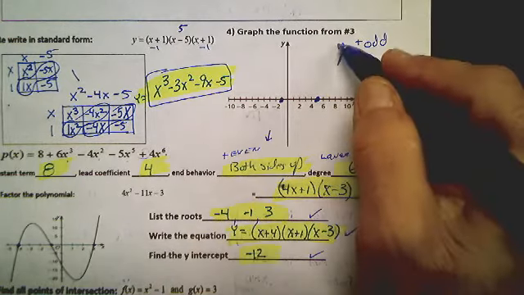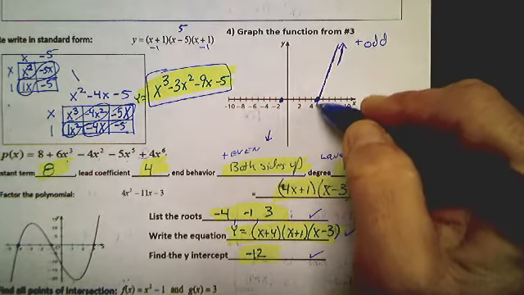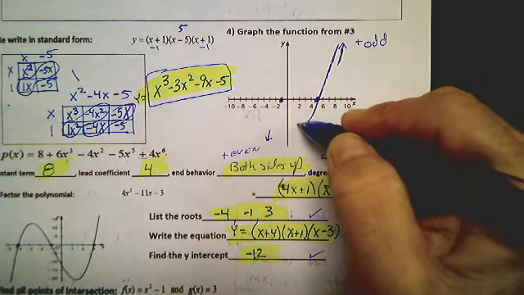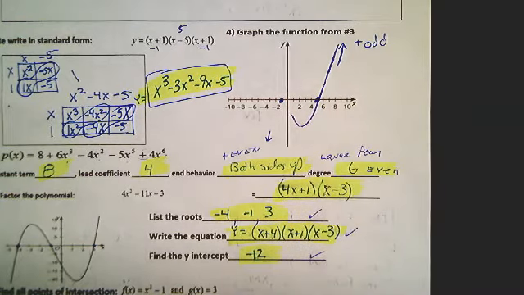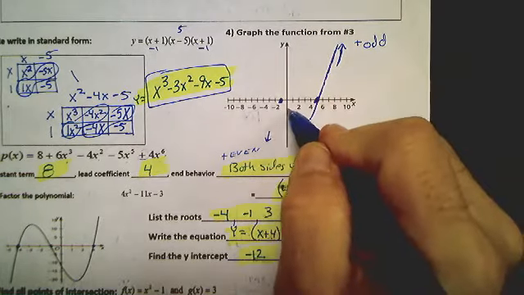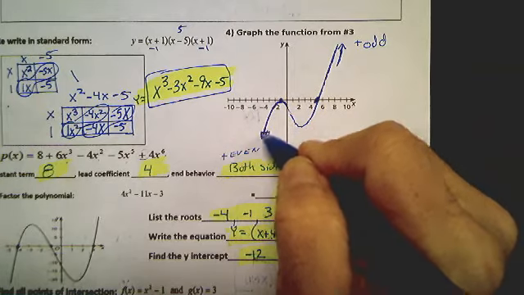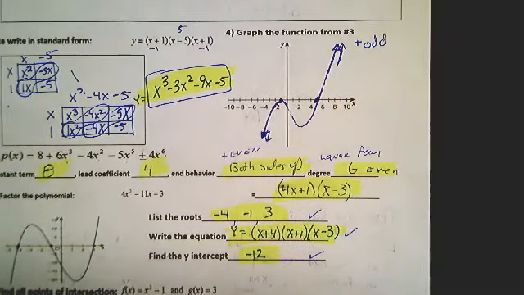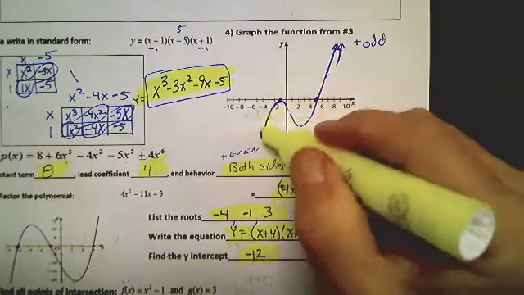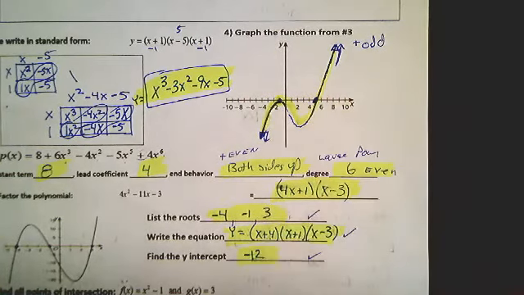So this means it's got to go through this guy. It's got to turn around. Now it's a sketch. It doesn't have to be perfect. If you want it perfect, bring your Chromebook in, fire it up to Desmos, and you can punch it in. So we're going to come back here and we're going to hit this guy and we're going to bounce off, like this. So that's what the graph sketch would look like. Perfect. Doing good.